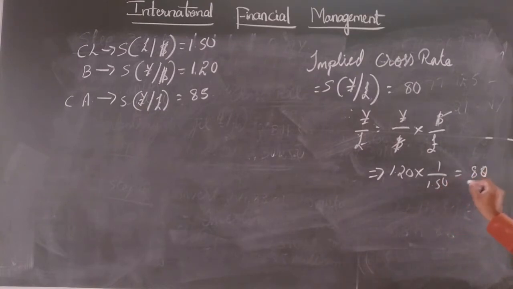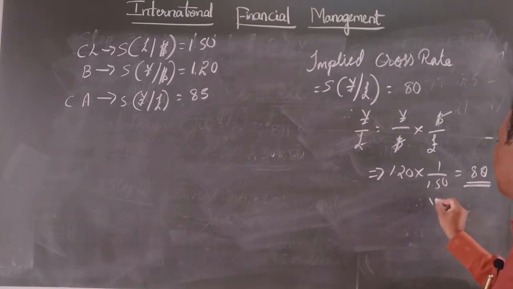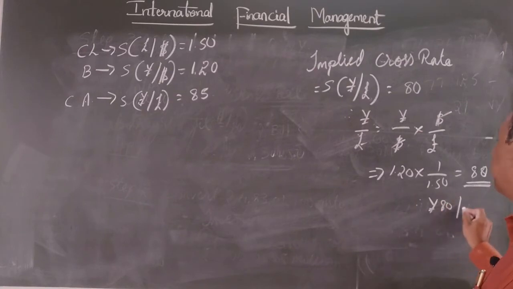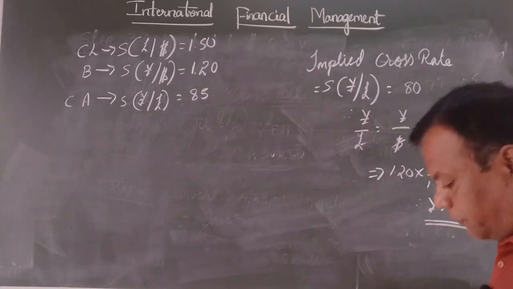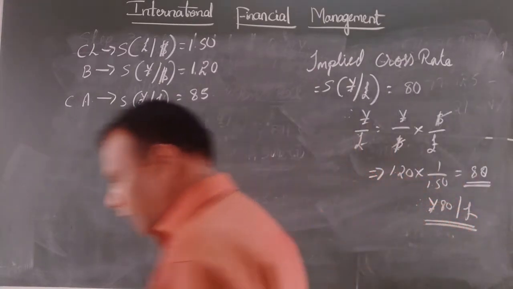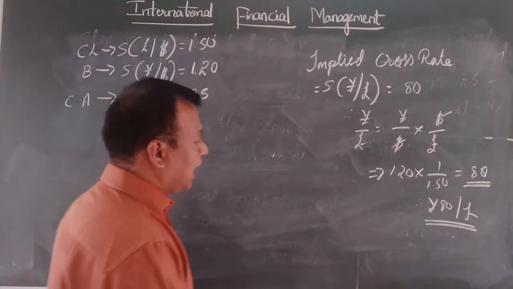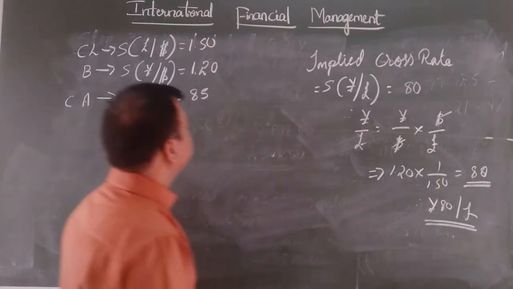The answer comes to 80. That means yen 80 per pound. Okay, so we came to know that there is an arbitrage possibility.